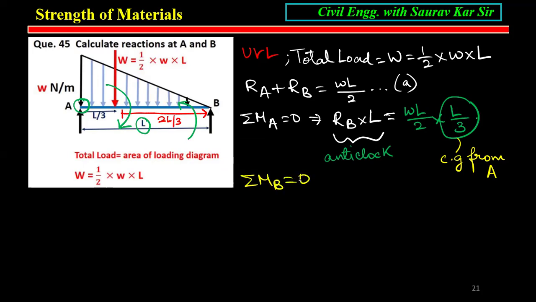Now, if we do the other way, summation of moment about B equals 0. Take at B, then also the same case. RA into L, that is the clockwise moment, equals the anticlockwise moment due to the downward triangle load: W into L by 2, the area of the triangle, into the CG distance from point B, which is 2L by 3.